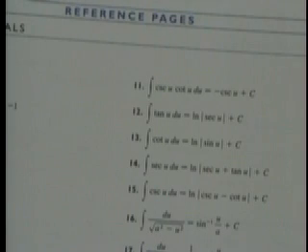I want to look at the one where a squared minus u squared is the one here at the top, the square root of a squared minus u squared. And I want one that just has a u in front, not a u squared in front. Do they have that? Hang on, it might be over here on this side.